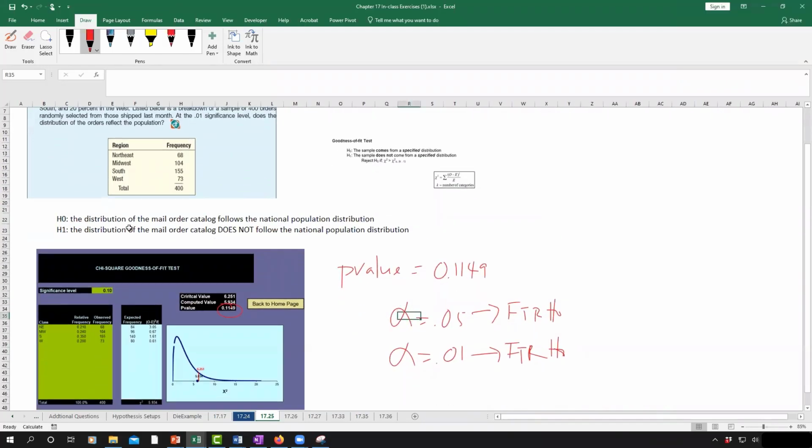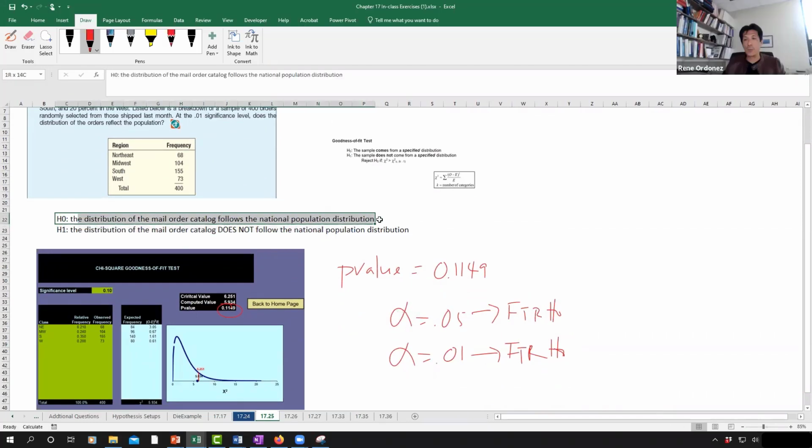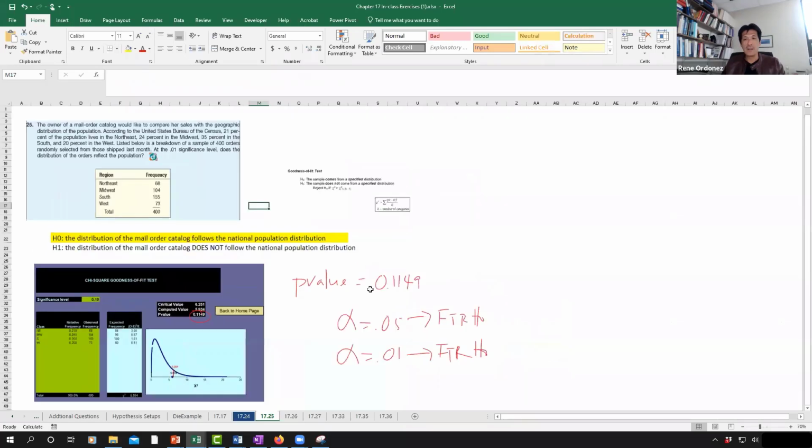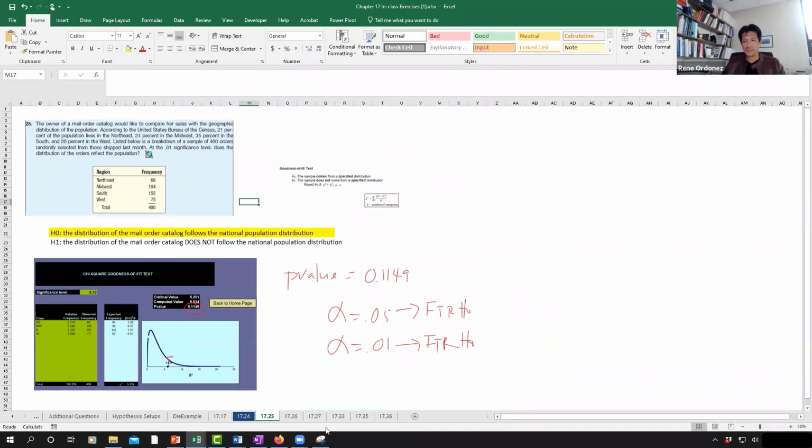It does follow. Right, because we will fail to reject the null hypothesis. So we are saying that the distribution of the mail order catalog follows the national population distribution. All right, are we good? Yep.